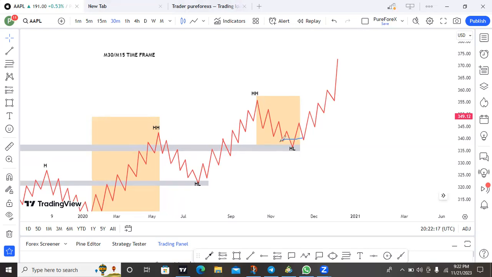Then we buy, because on H4, the market structure is telling us that we should become buyers. So we are not interested in this. Hello, sir. Please come again. I didn't get it.